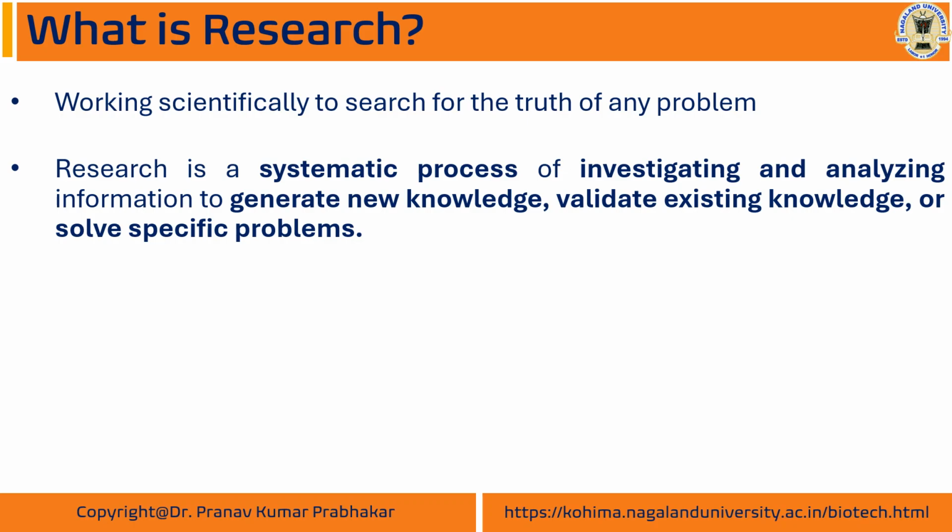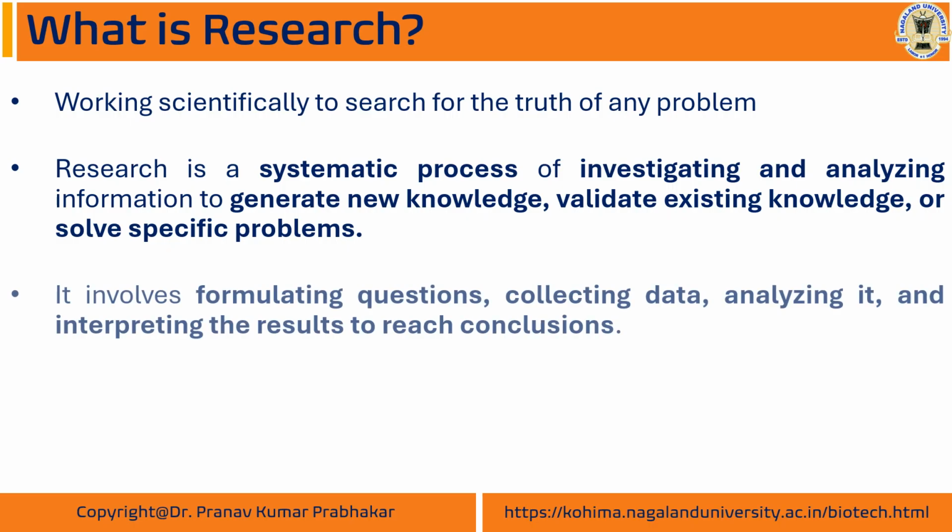In this systematic investigation, whatever knowledge, papers or information is available, offline or online, from different resources, we go through. That process is called literature search or literature review. Through it we gain understanding, validate our existing knowledge and solve a specific problem. This is exactly what research is.